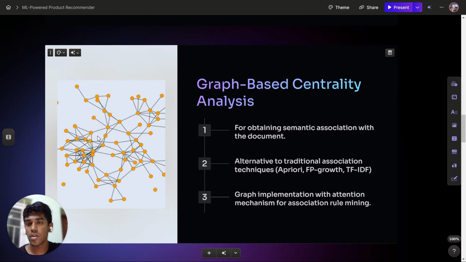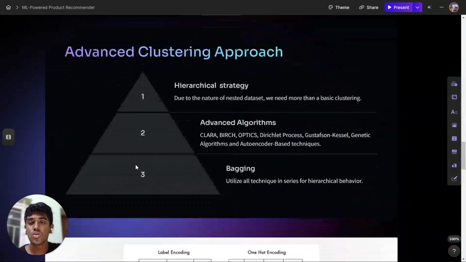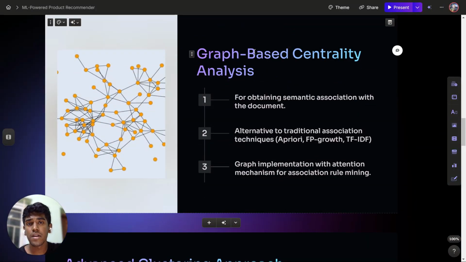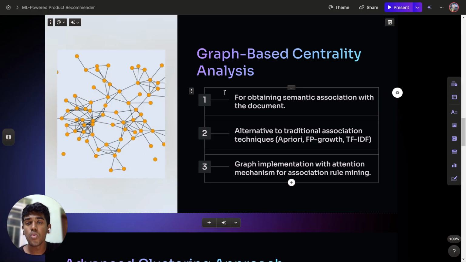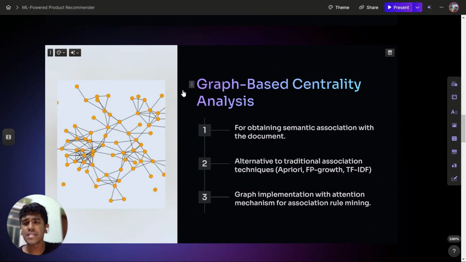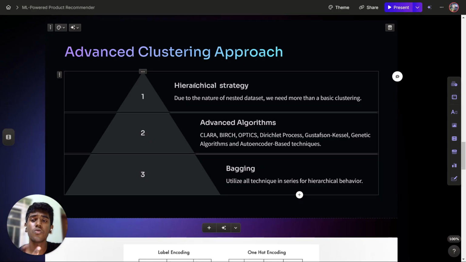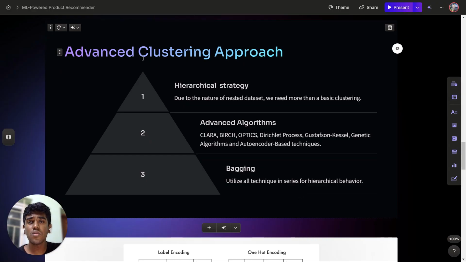We can take the products as nodes, and the edges are what they are linked with, how well they are linked, and their lengths. Going on, as we already have a numerical value from the graph-based centrality, now we can apply some ML algorithms here. For our recommendation system to work even better, we can use a clustering or grouping algorithm.